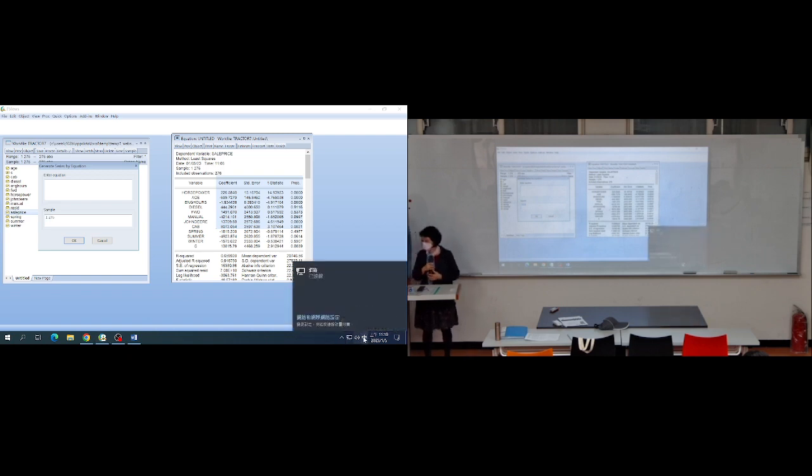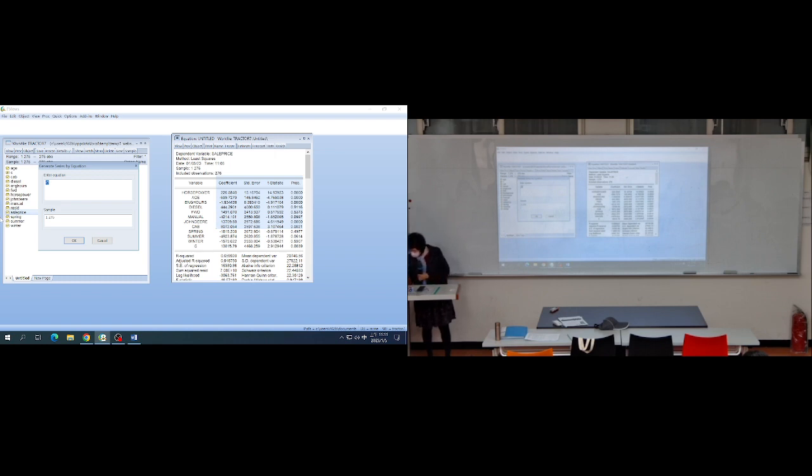Give the new name for log sales price. Okay, now you can do it. You can name it by yourself.